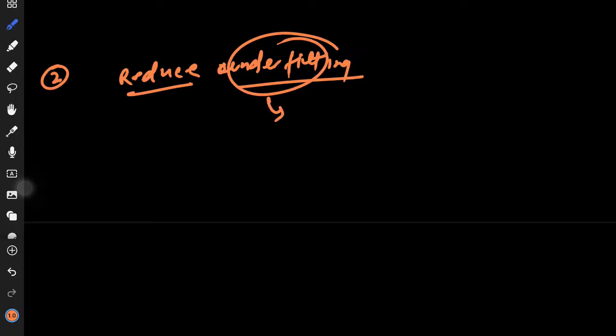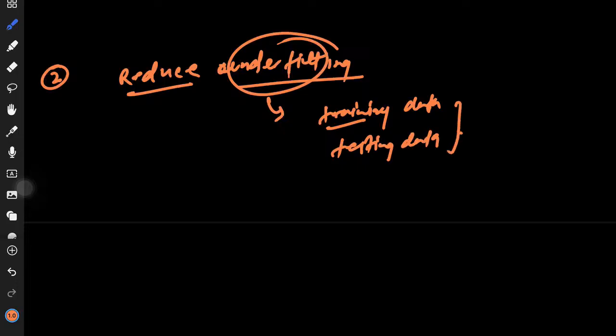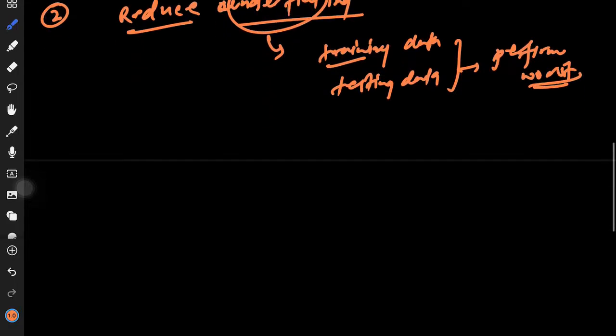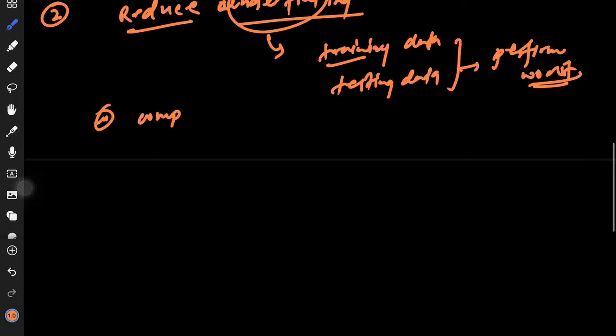Underfitting is when our model performs poorly on both the training dataset and the testing dataset. We can use various techniques for that also. The first one is to use more complex models to increase our accuracy.